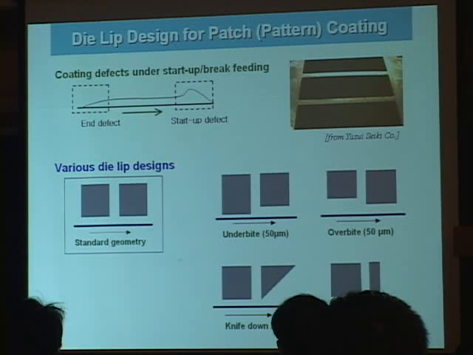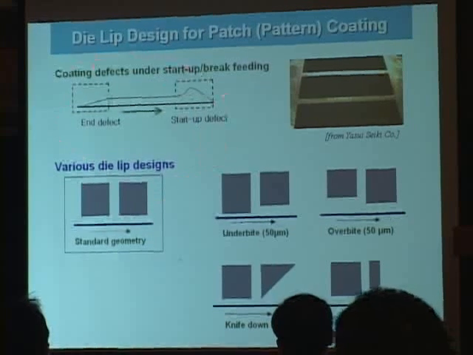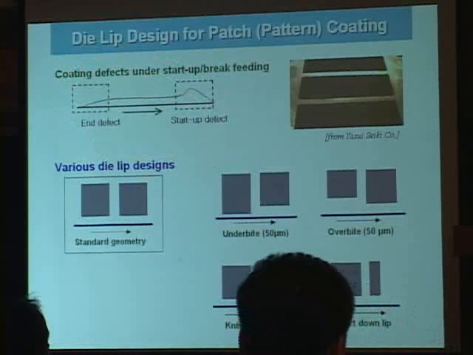Recently, we are studying the optimal die design for pattern or patch or intermittent coating processes, widely applied in the battery industry. In this case, the flow control is more difficult than in the continuous case because of its time-dependent or transient behavior.